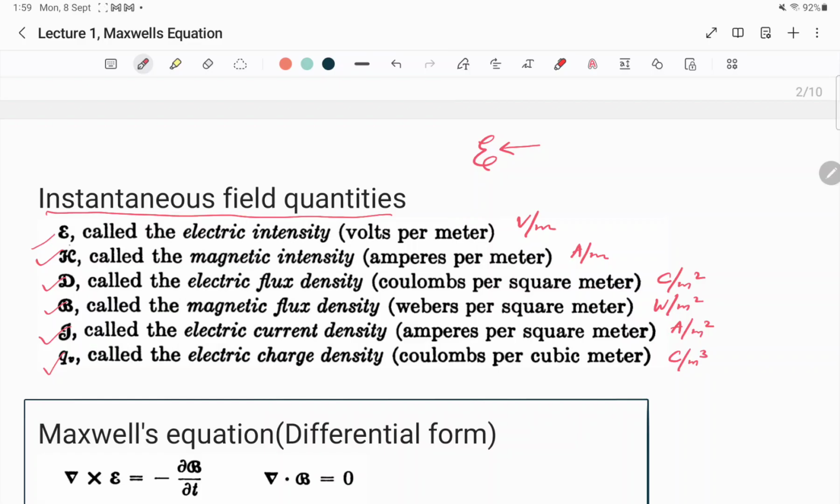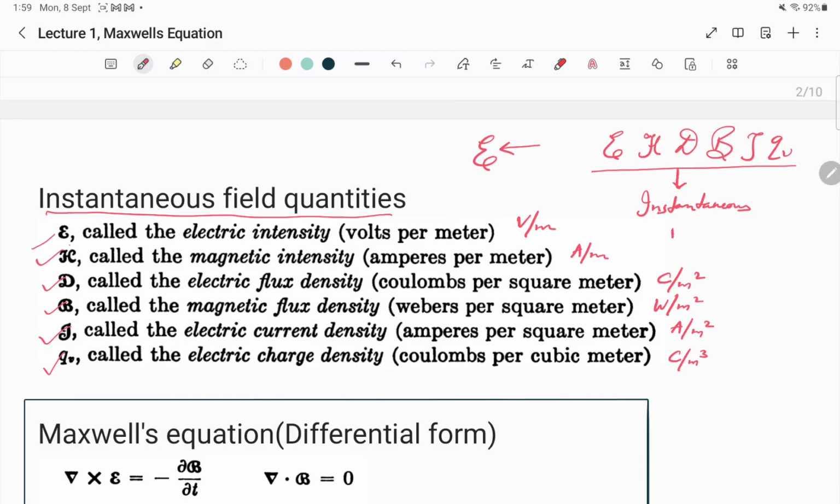The important thing which you should notice is that the field quantities are written in scripted form, that is E, H, D, B, J, QV. These are written in scripted letters. These letters represent instantaneous field quantities.